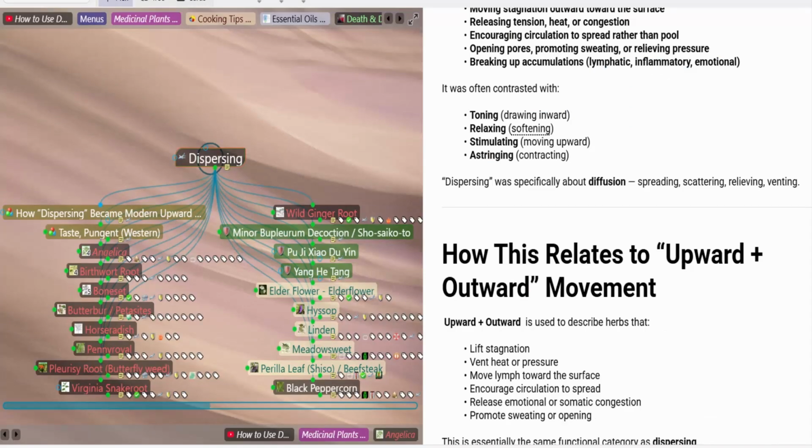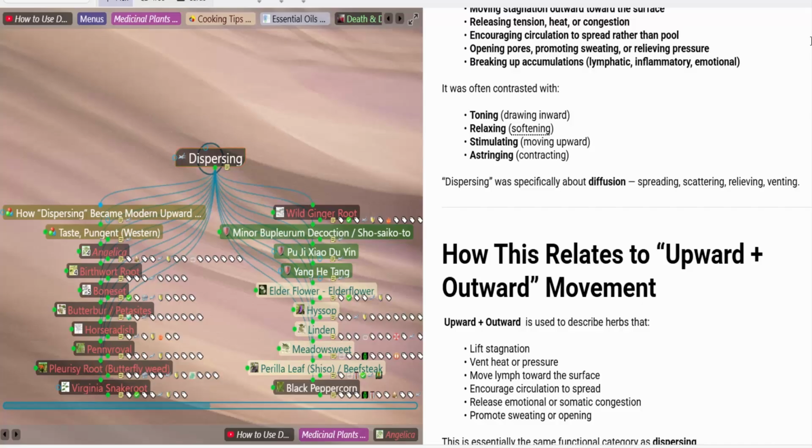However, they're a little bit difficult reading because their terminology just isn't that familiar to us these days. We do use herbal energetic terms, but not exactly the same way they intended. So this section on dispersing is going to be real helpful in understanding what they meant by the term dispersing, and we're going to compare it to how we use that concept today.